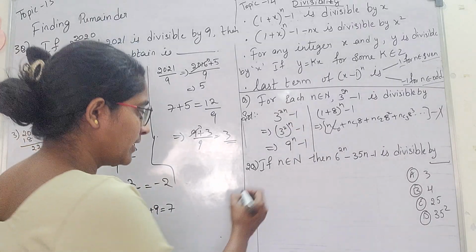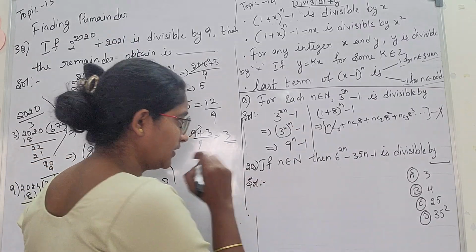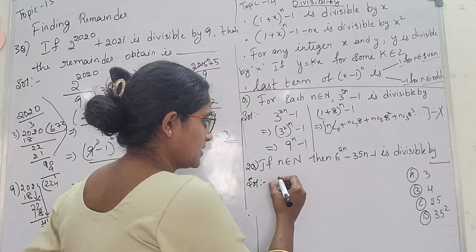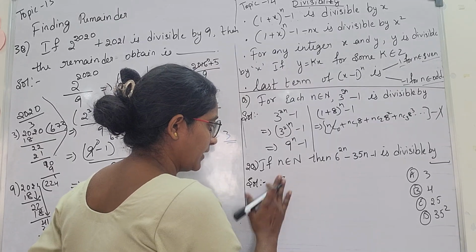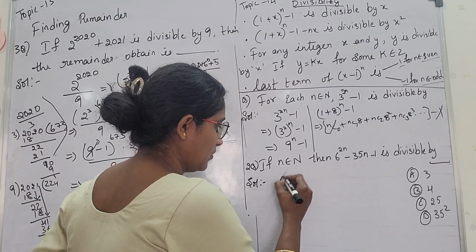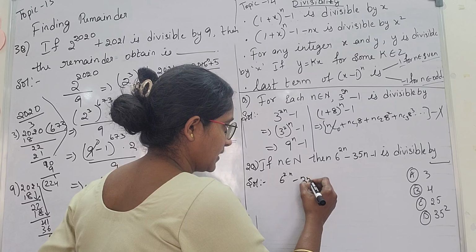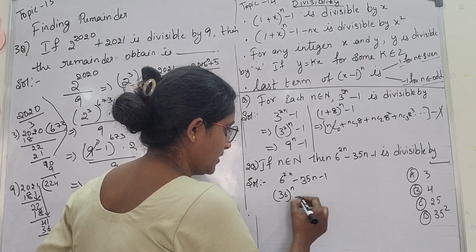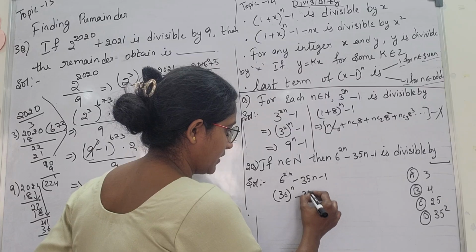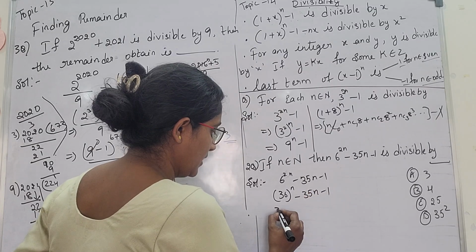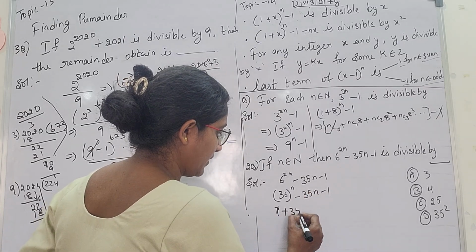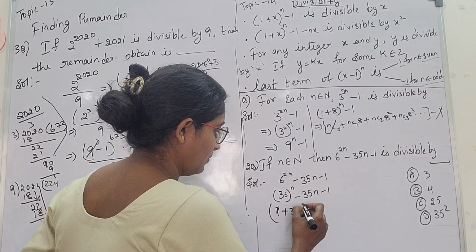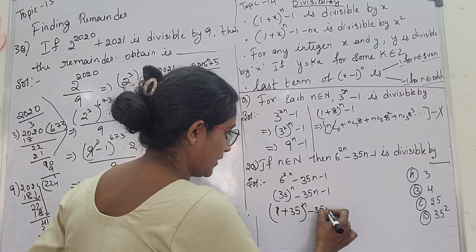Okay. And here I am going to explain 6 square. So can I write it as 36? Okay. Let me write once again. This is 36 whole power of n minus 35n minus 1. This one, can I write it as 1 plus 35 whole power of n minus 35n minus 1?